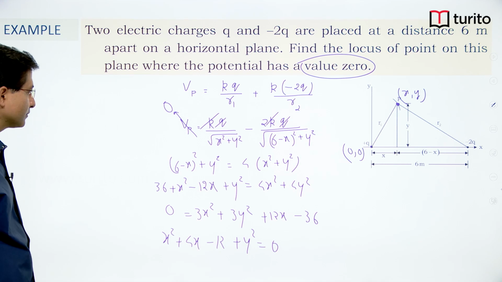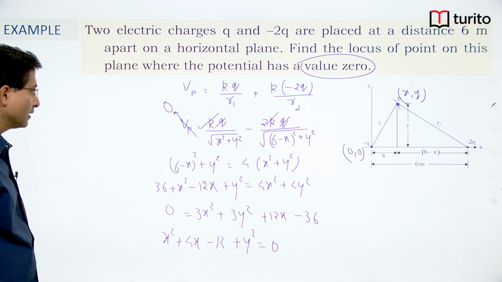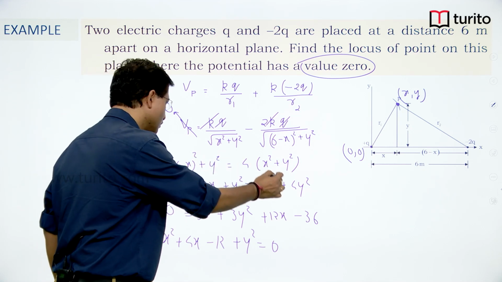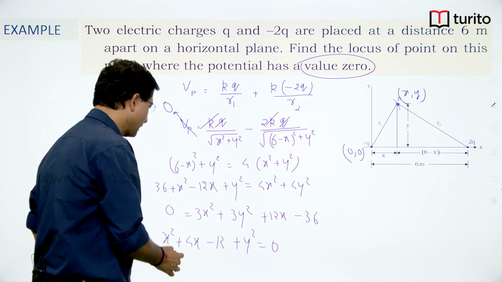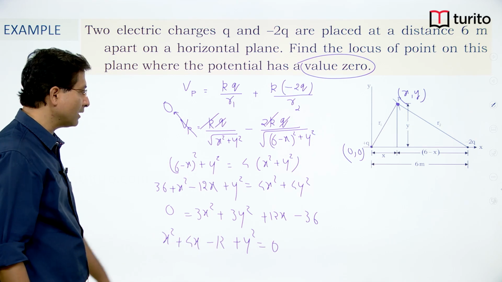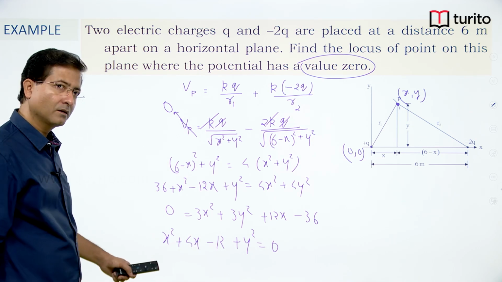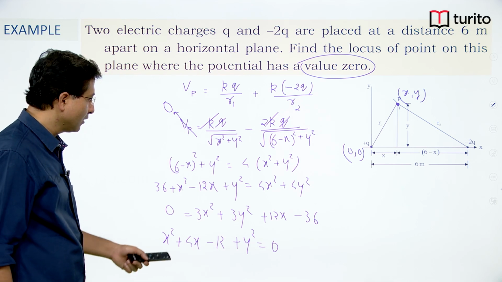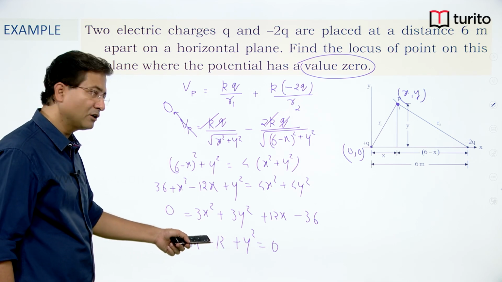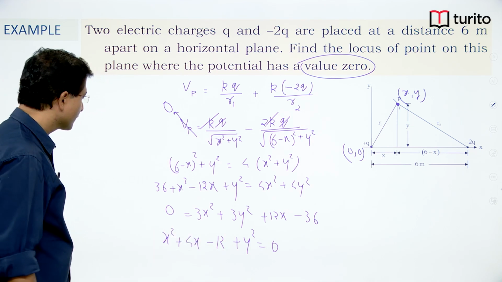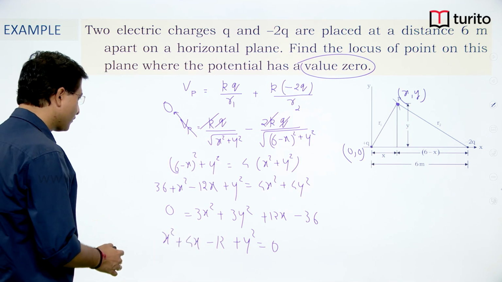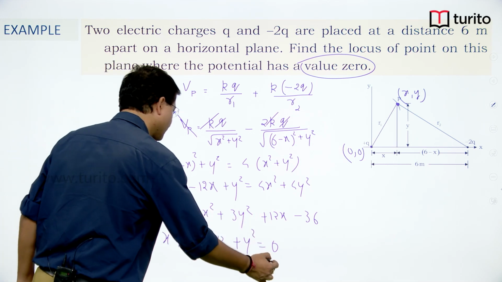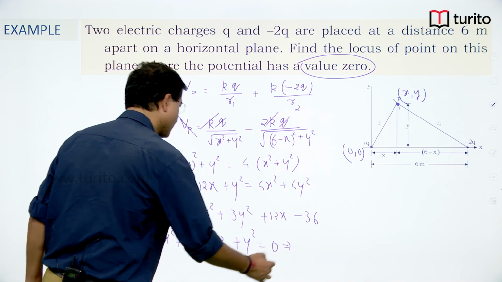Now we can simplify. Look at this one, I can convert this term into a perfect square. What I need to do is add and subtract 4. So, if I add and subtract 4, the subtraction will give you 16 and the 16 will go to the other side.